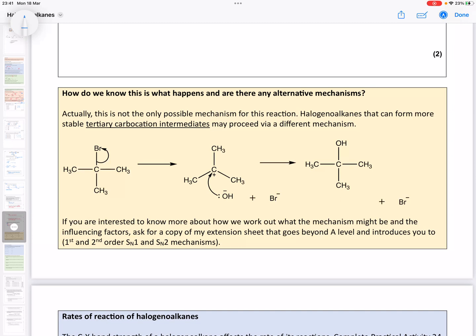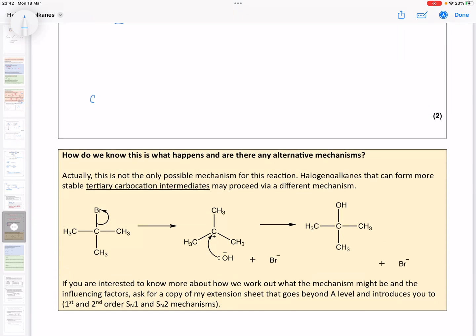Now that's not likely to happen if we've got a primary carbocation. So a carbocation is a positively charged carbon. Let me draw you an example. This would be an example of a carbocation that would be very unlikely to form, because it's a carbon atom bonded to no other carbon atoms whatsoever.